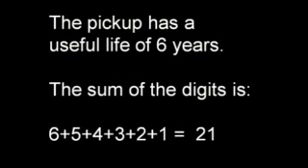That also might sound a little strange, but this method is really quite easy to follow. The pickup has a useful life of 6 years, so the digits are 6, 5, 4, 3, 2 and 1. Add all these up, we get 21. Oh, and that rhymes. Now we go back and use the depreciable cost, which is $56,000 less $8,000.